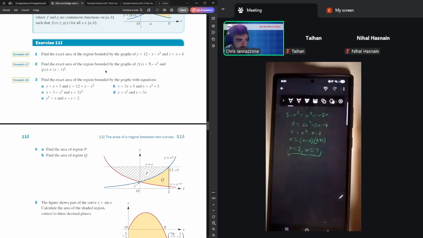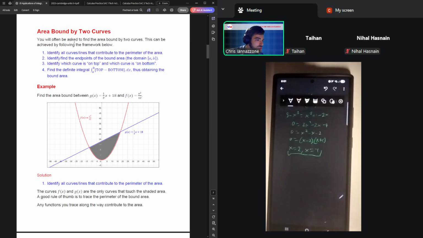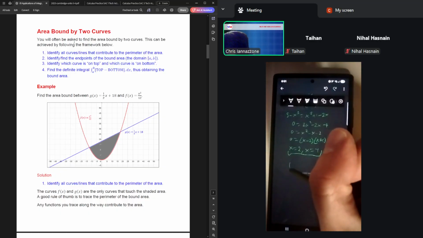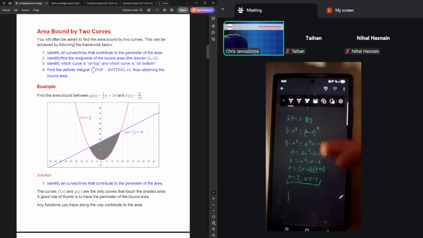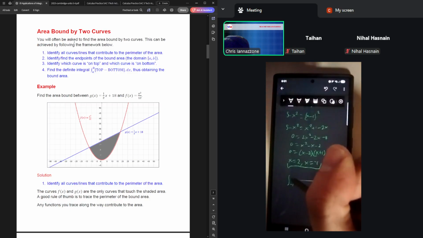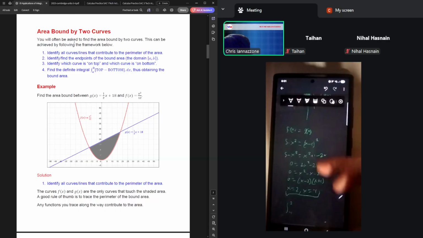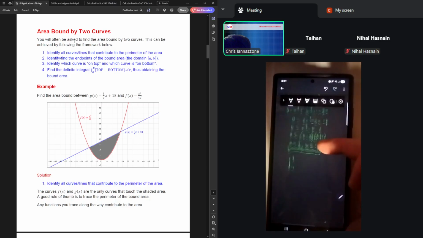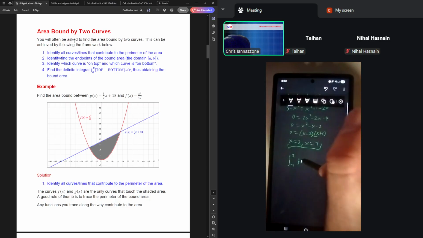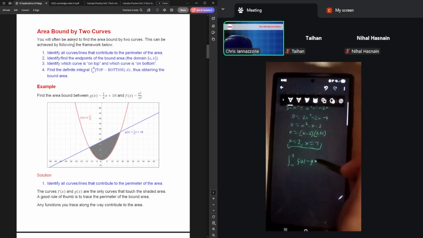But okay, so step 4, we're putting it all together now. Integral of top take bottom over the domain that we just found. So integral from, what do we have? Oh, it's right there, -1 to 2 of top. Top was f, bottom was g, so f take g.